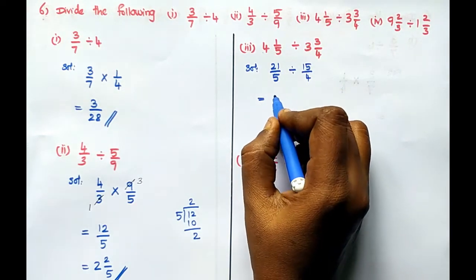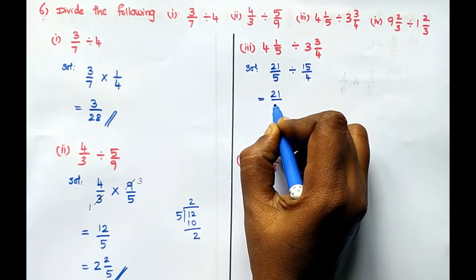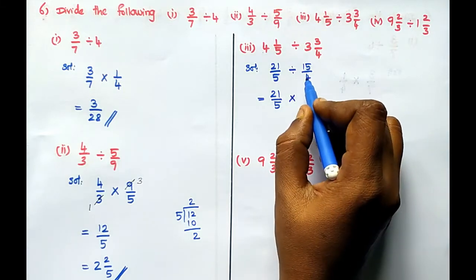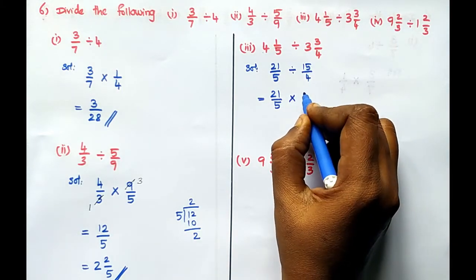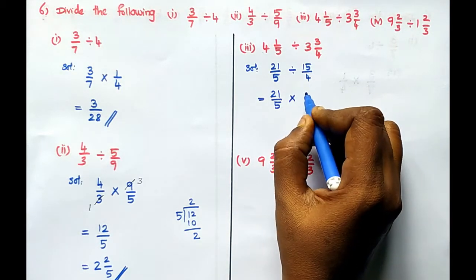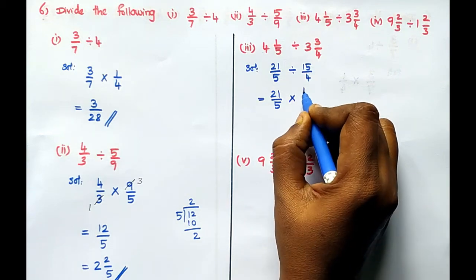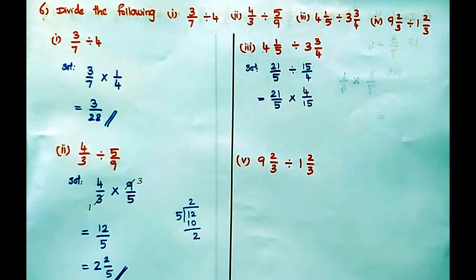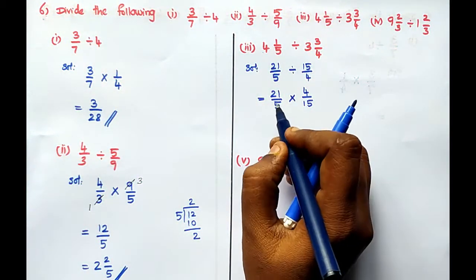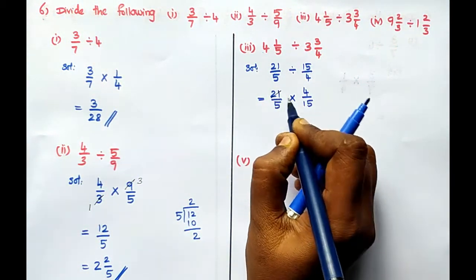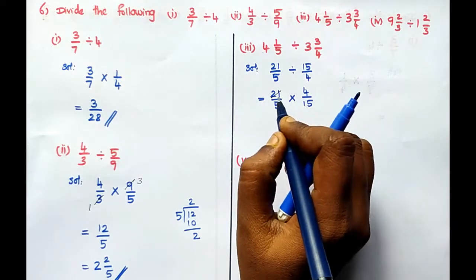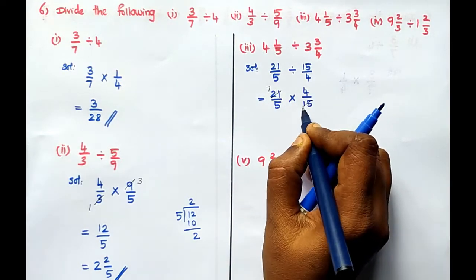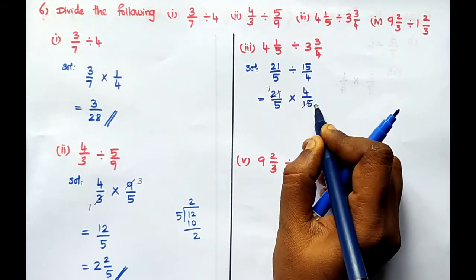As the next step, write down the first fraction as it is and put multiply symbol and take the reciprocal of the second fraction, that is 15 by 4 means 4 by 15. Any cancellation is there? Yes. Both the numbers 21 and 15 are cancelled by the 3 table. 7 3s are 21. Here 5 3s are 15.